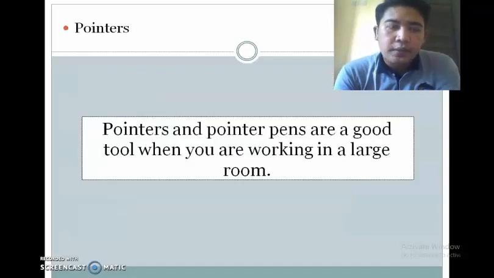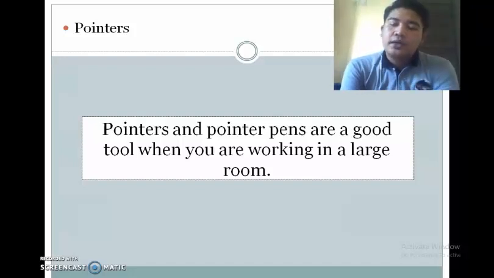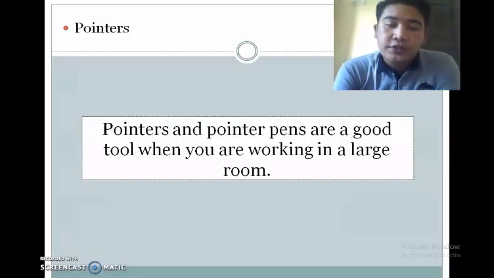And then pointers and pointers pen are a good tool when you are working in a large room, so that the presenter usually use the pointer to make the audience focus on his material.